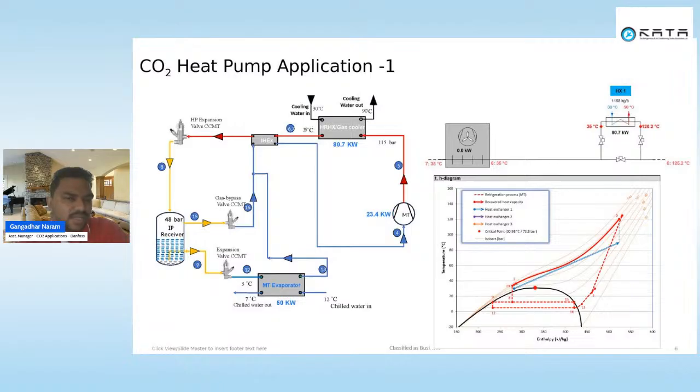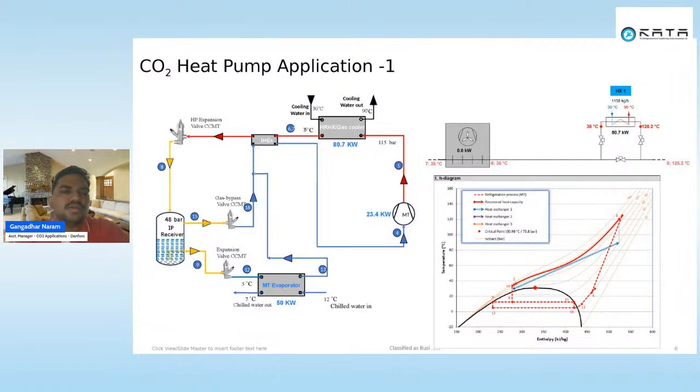For residential or commercial applications, we mostly use HFC refrigerants such as R134A, 404A, 410A. For industrial applications, mainly food processing, fisheries, cold storages, we use ammonia as a primary refrigerant for driving -40 or -45 degrees evaporation temperatures with 100 kilowatt or more than 500 or 1000 kilowatt loads.